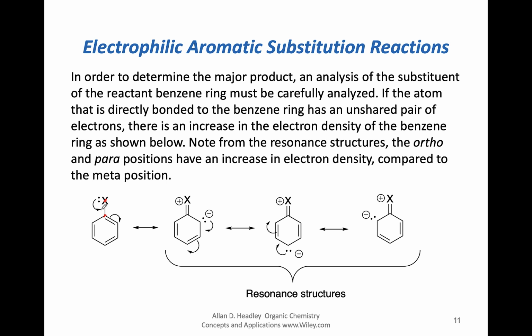There are resonance structures here where these electrons can be donated into the ring, making the ortho position negative, and here the para position negative. So we say that this pair of electrons is activating the ring, making it more negative here and here.